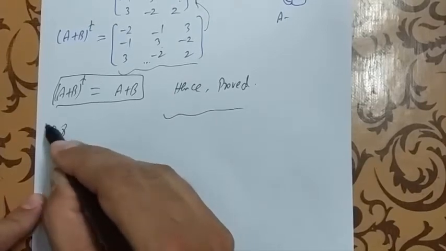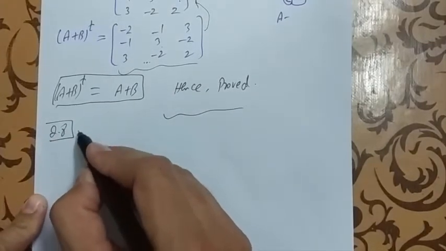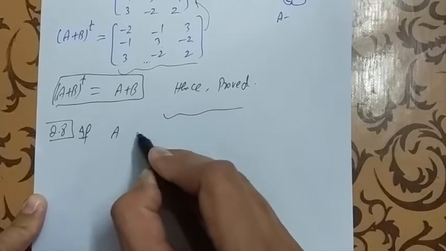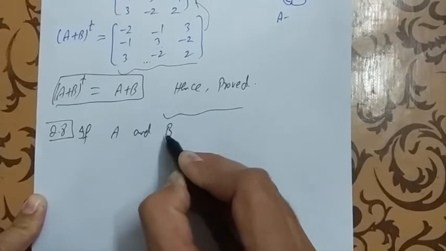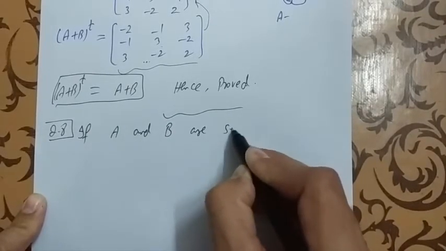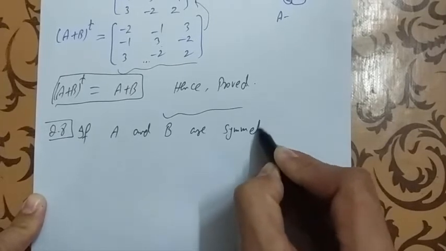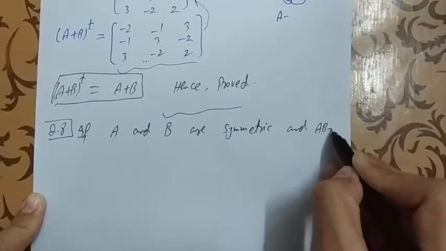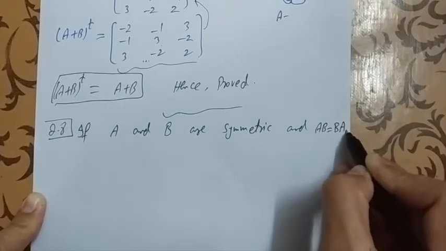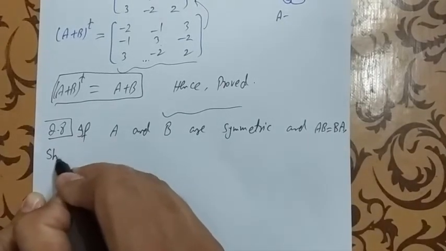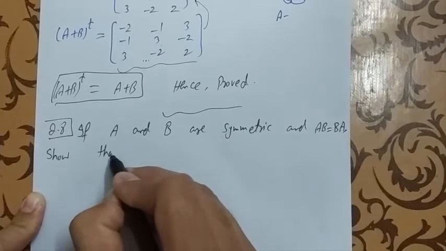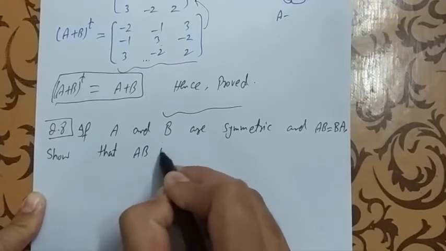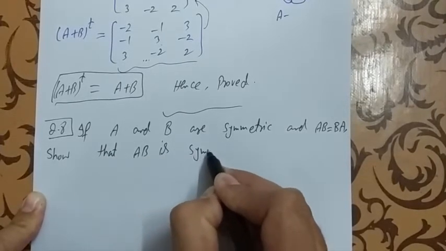If A and B are symmetric and AB is equal to BA, show that AB is symmetric.